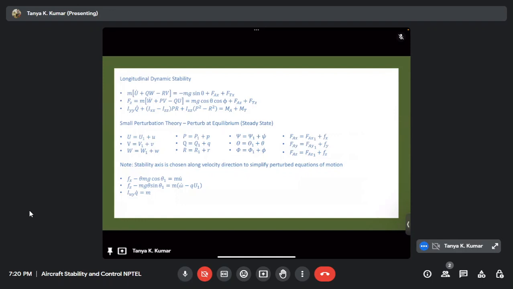For an aircraft in equilibrium, what is the aircraft in equilibrium? The steady state equations. What is such a condition that we've seen?